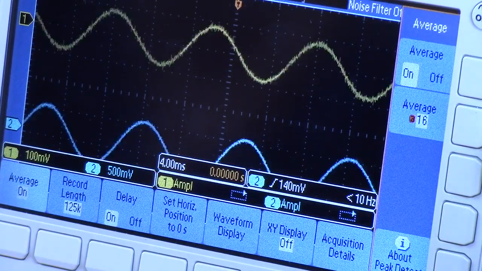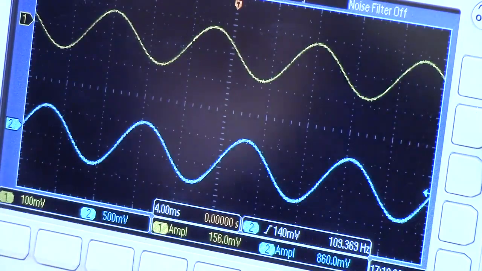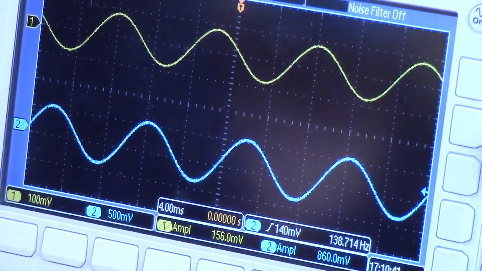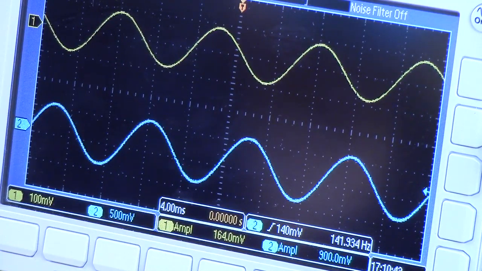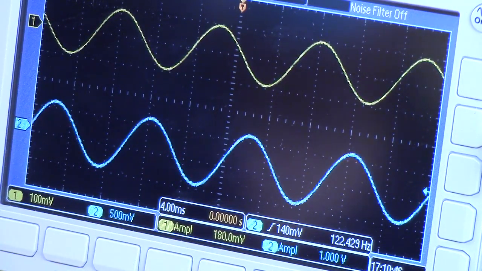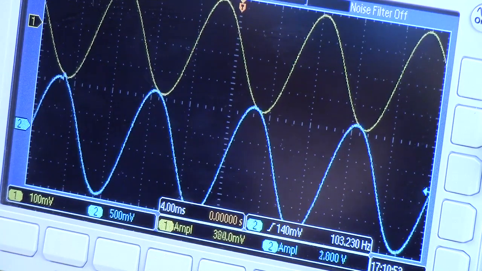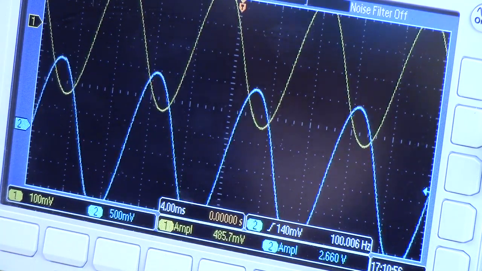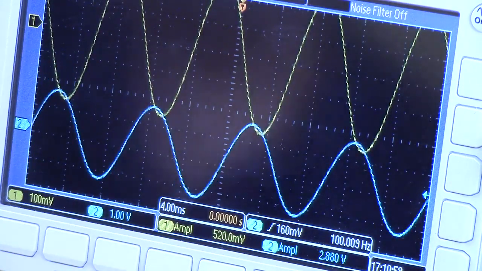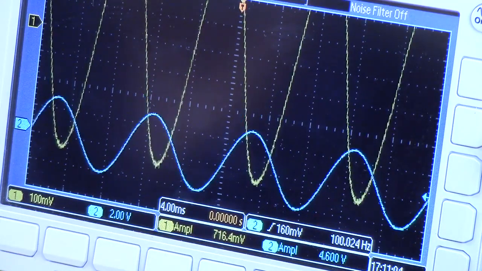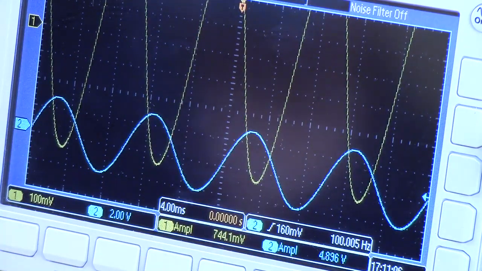All right, so what we're looking for is a range of frequencies where, as the frequency comes down, the output stops decreasing. So let's go back to frequency and see if it keeps on coming down.